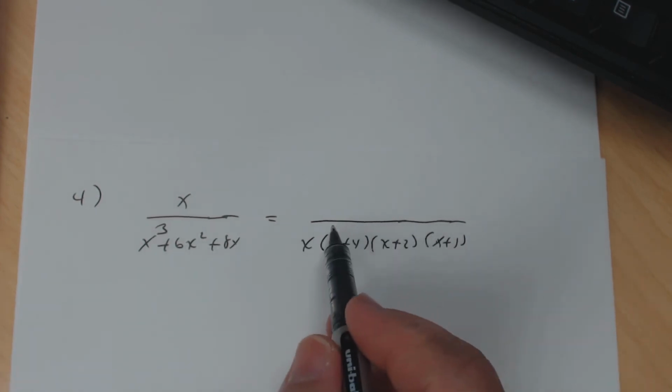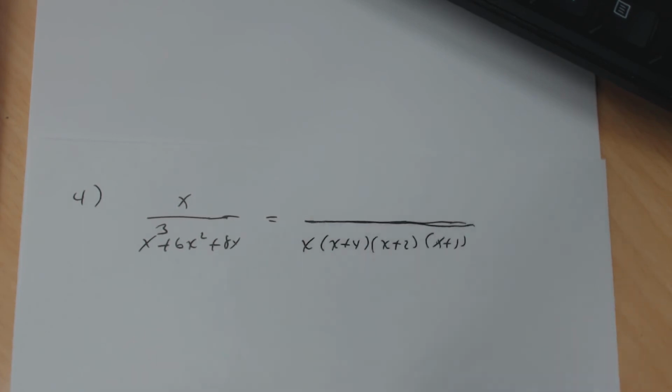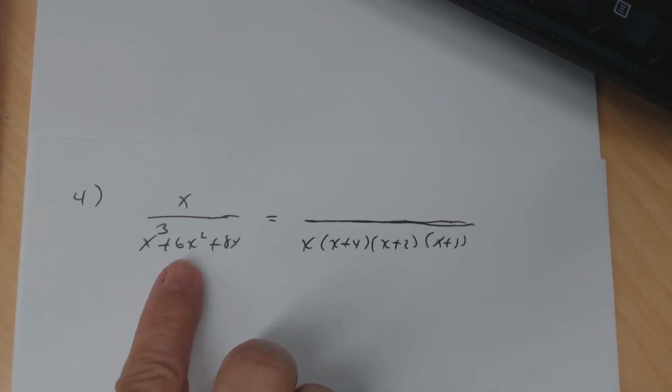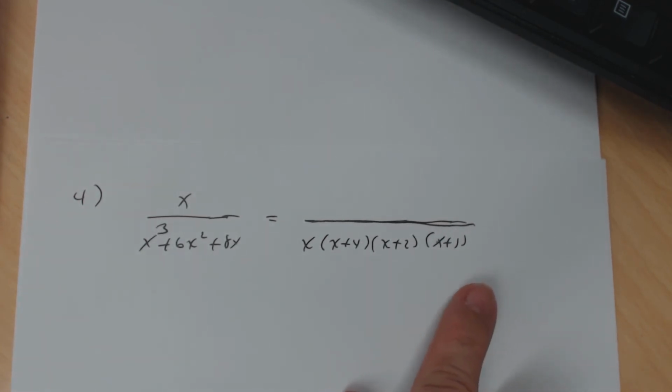Just make sure that the division symbol here is extended. See how this is already in factored form? You got to make sure this is in factored form. And this is supposed to be x plus 1 right here.